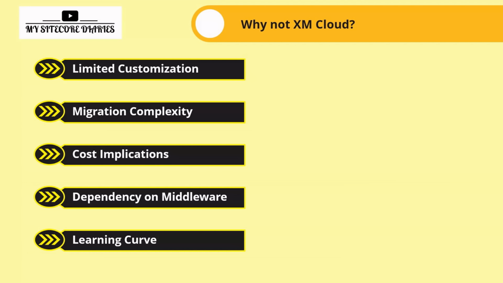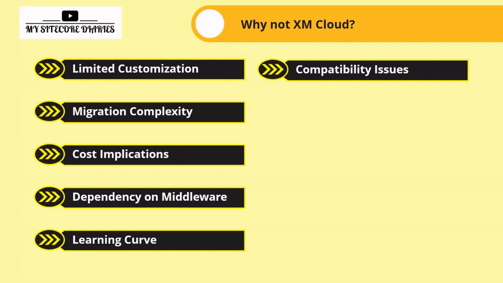Learning curve. This is also a very important factor. A team accustomed to Sitecore XP may need significant training to adapt to XM Cloud's headless architecture and SaaS-based workflow. Compatibility issues.